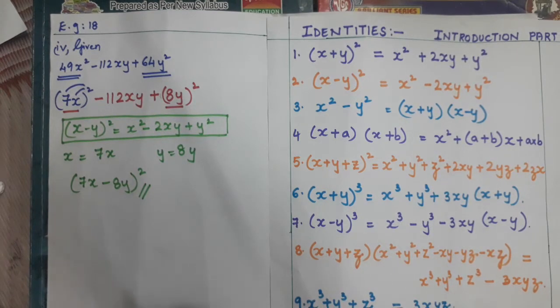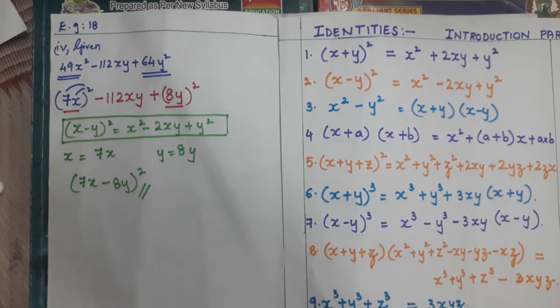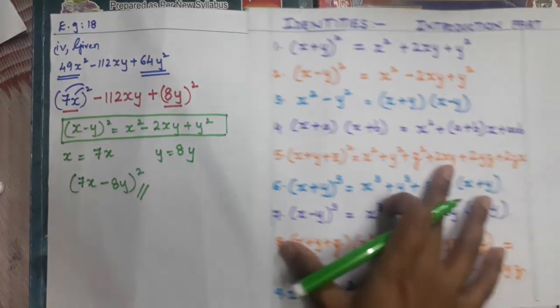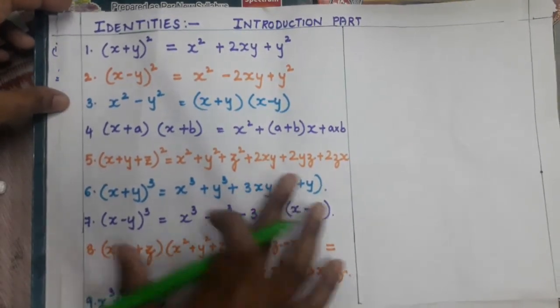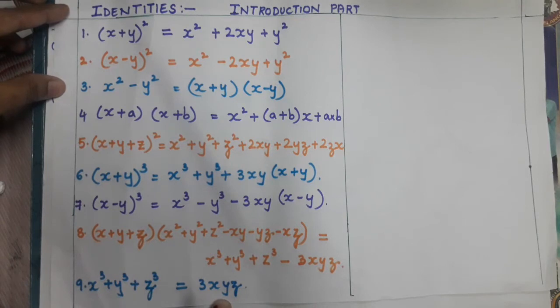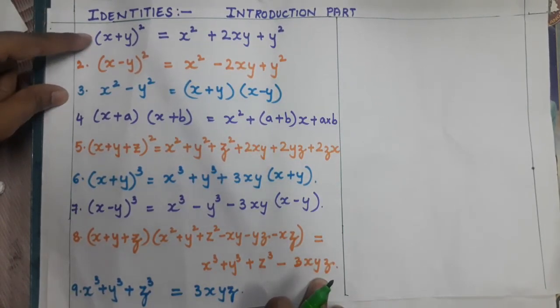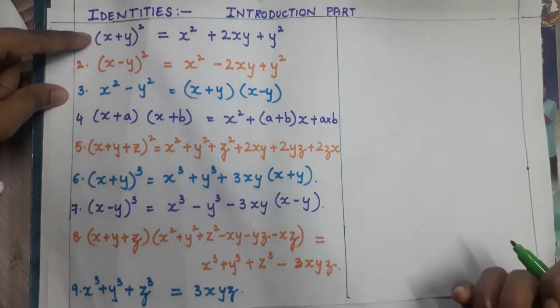Now see here, the remaining sums you all have to do, related to these identities only. First you need to copy all of this, children. Copy all these 9 identities. Take a screenshot, and first you have to write the introduction part of these identities, then go to solving.